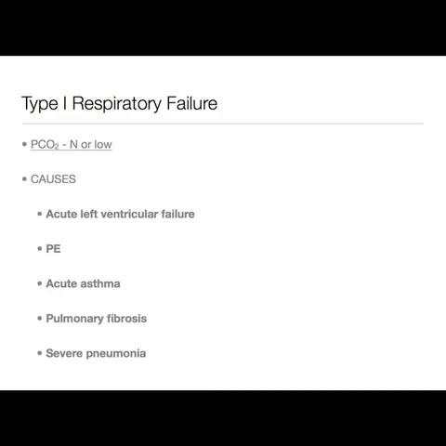The two types of respiratory failure correspond to the two processes we referred to earlier. So type 1 respiratory failure, defined as a low PO2 less than 8, together with a normal or low PCO2, corresponds to diseases which cause ventilation-perfusion mismatch, for example, severe pneumonia, pulmonary embolism, acute asthma, pulmonary fibrosis, and acute left ventricular failure.